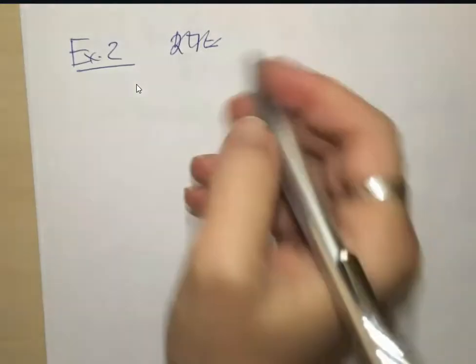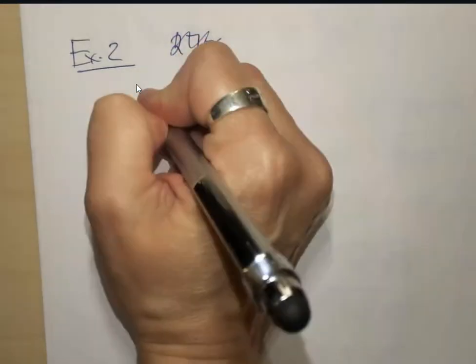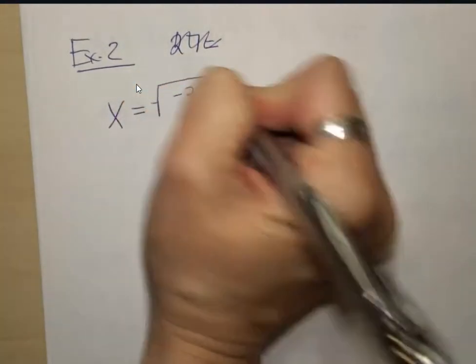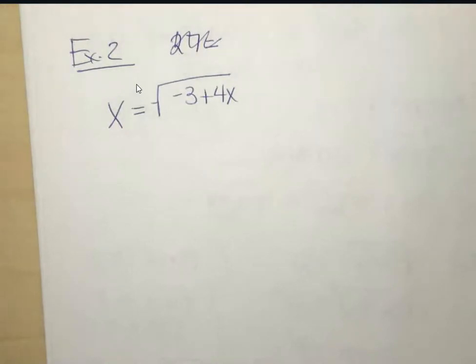X equals the square root of negative 3 plus 4x. So there's your problem. Go ahead and pause the video, work through it, and then come back. I am going to pause the video and then work it out, and then I'll show you these.